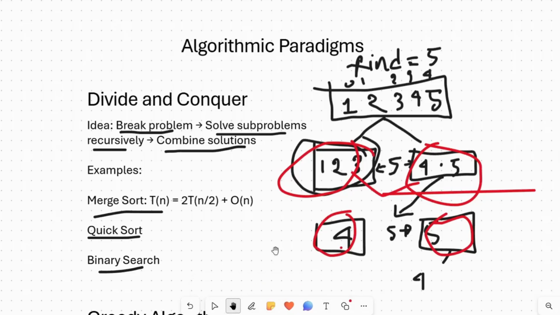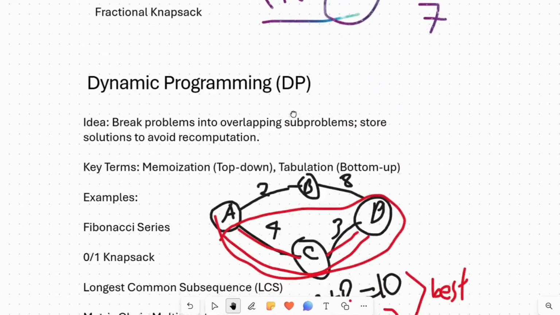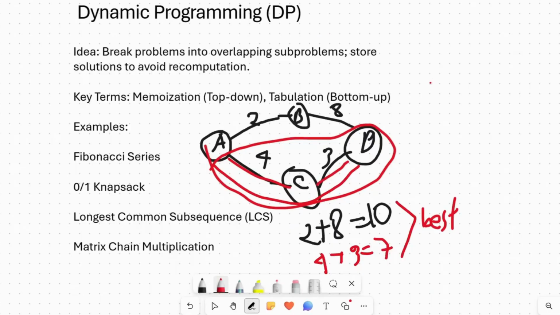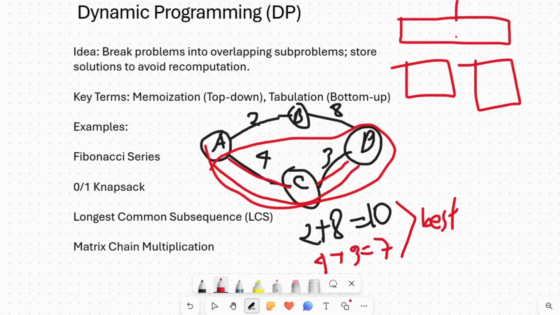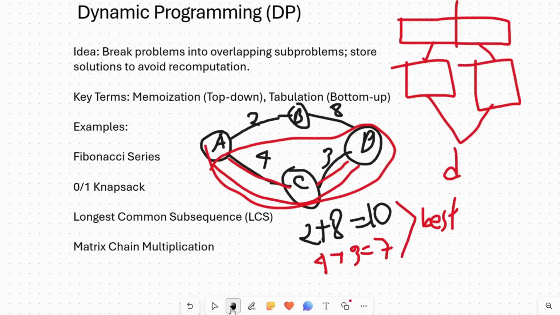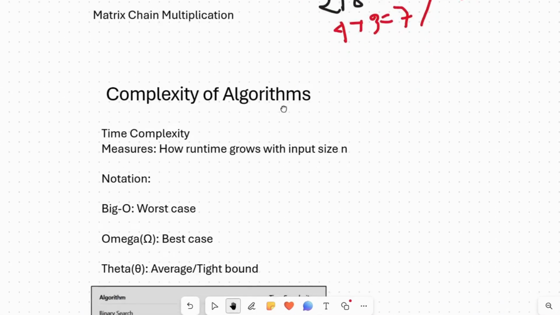But when we use dynamic programming, if we divide something, then they are dependent on each other. So this is an important thing you need to remember.